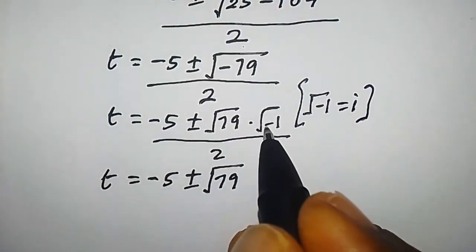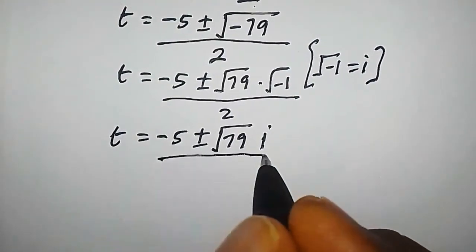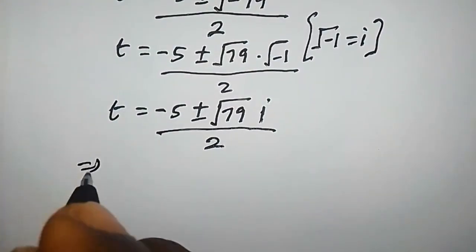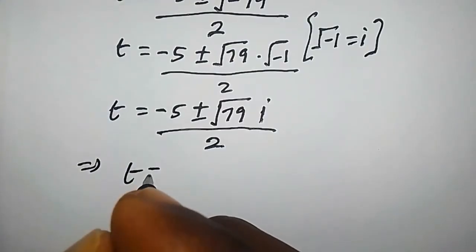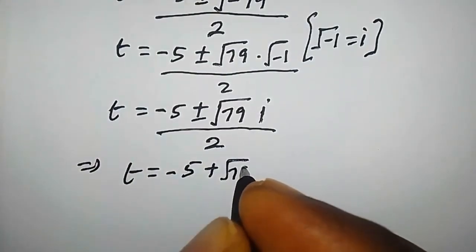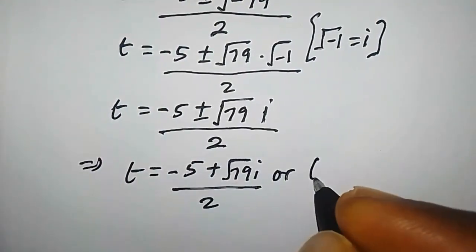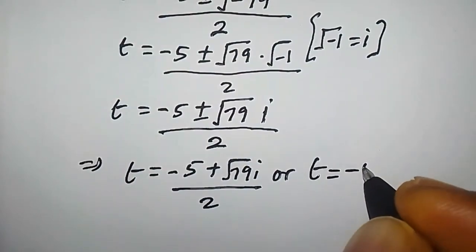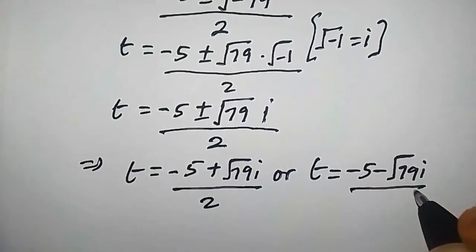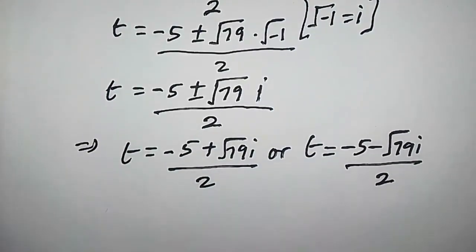So in place of square root of minus 1 here, we write i, divided by 2. This implies that t is equal to minus 5 plus square root of 79 i divided by 2, or t is equal to minus 5 minus square root of 79 i divided by 2. This is another set of solutions.